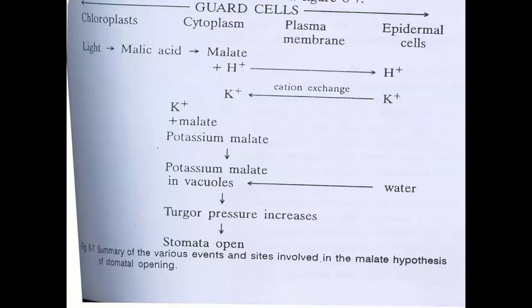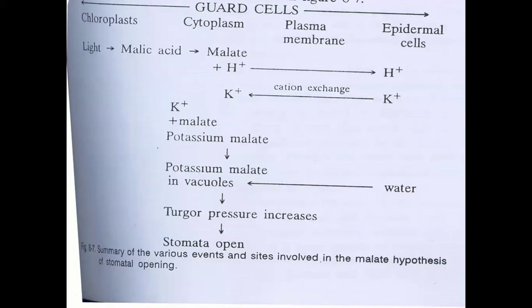The hydrogen is exited and potassium enters into the guard cell, and there is a formation of potassium malate. This potassium malate in the vacuoles increases the turgor pressure, and due to this increase in turgor pressure, the stomata open.